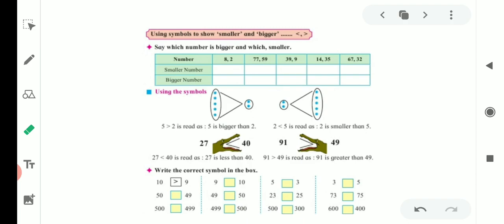Now next, look here. What is this? This is a crocodile mouth. This is a crocodile with the opening mouth. This one is two crocodiles with the opening mouth.